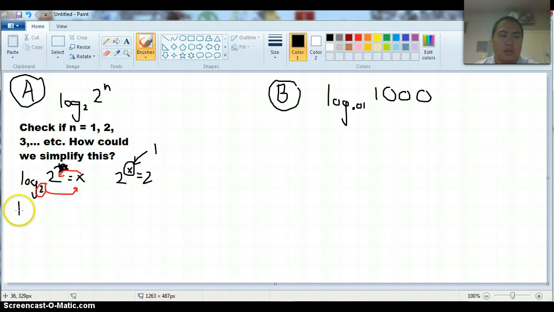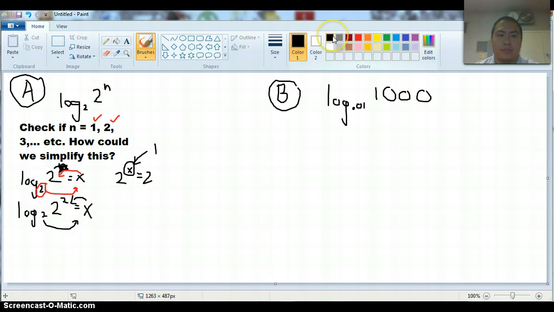Let's try log base 2 of 2 to the power of 2. Now we've already tried 1, and now we're trying 2. To simplify this, I typically like to set it equal to x, so it gives me an idea: 2 to what power gives me 2 to the second power?